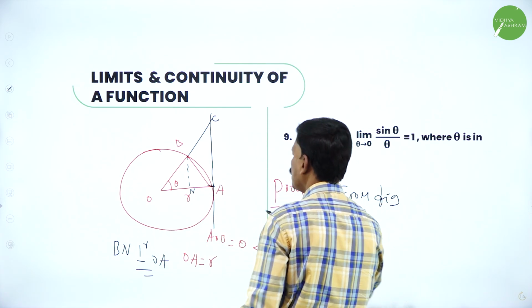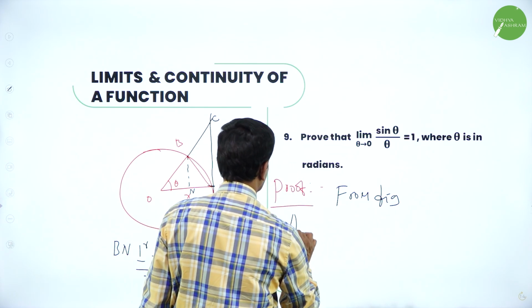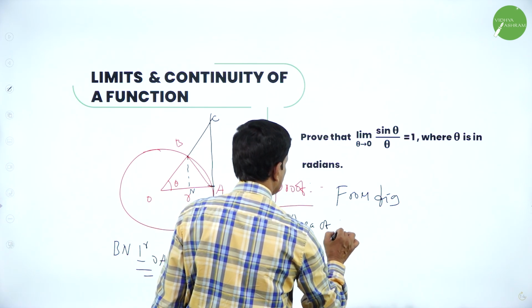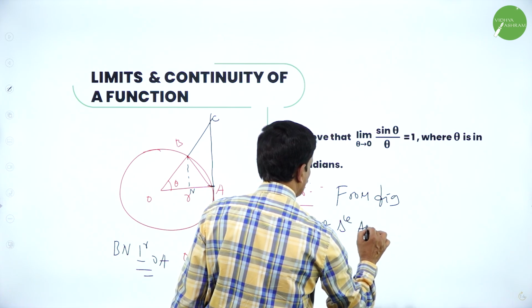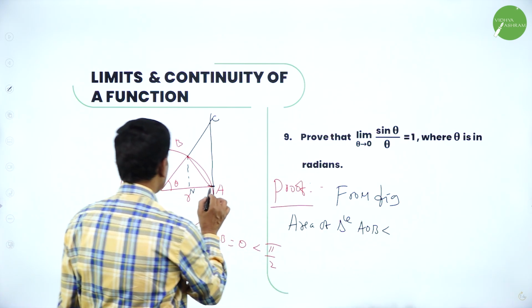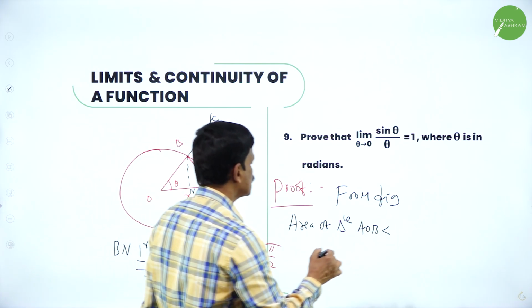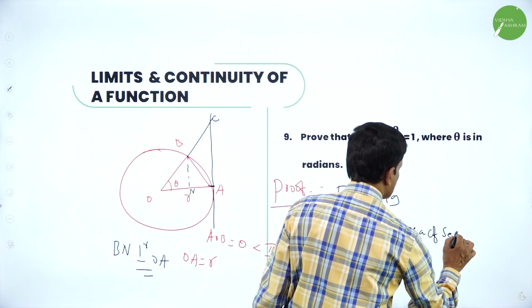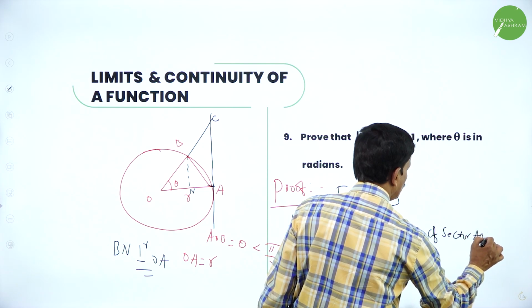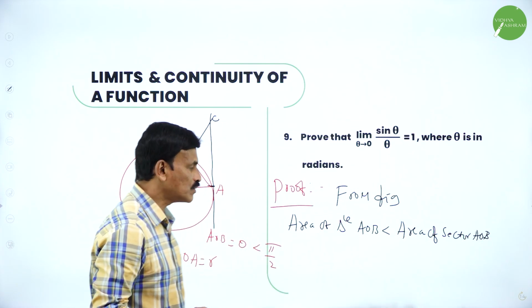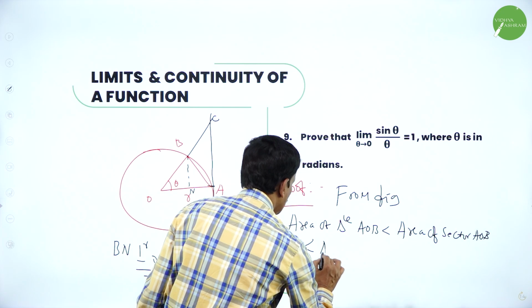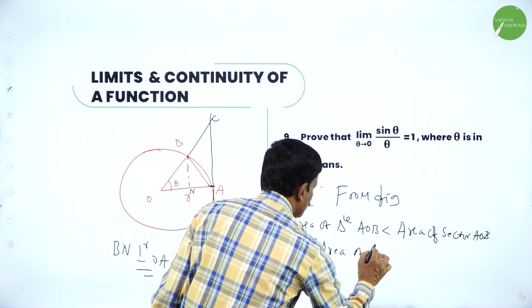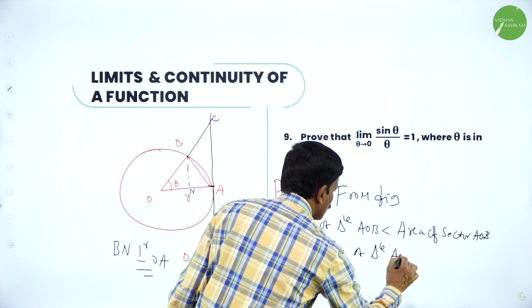if you observe carefully, the area of triangle AOB is less than the area of sector AOB, which is less than the area of the big triangle AOC.